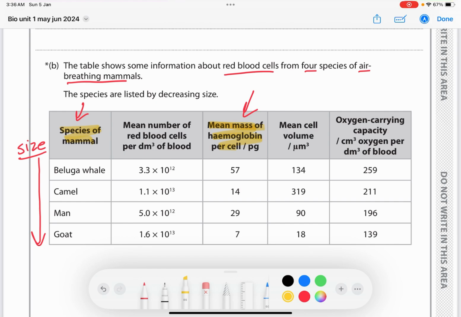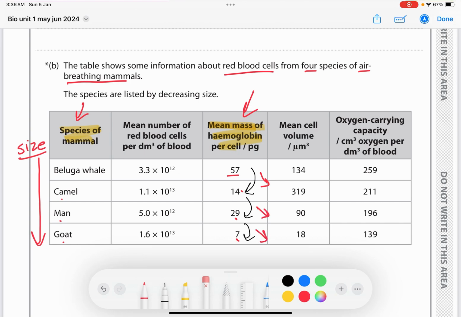So here we have the size, and here we have the mean mass of hemoglobin per cell. Again, this is the largest one. The largest one has 57. This is the second largest one. It has 14. Man has 29. Goat has 7. As you can see from here to here, it's decreasing. Let me get the black color for you guys. So from this value to this value, it is decreasing.